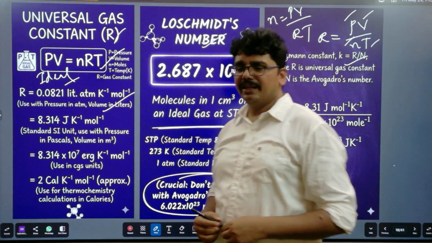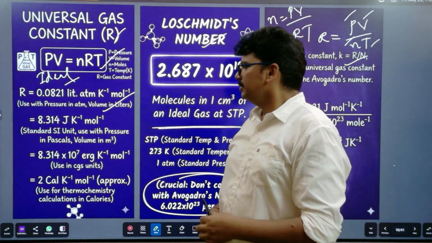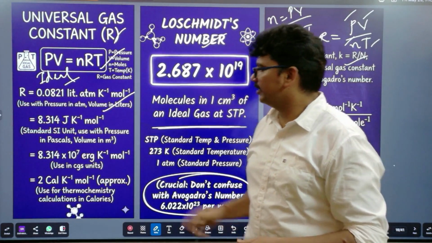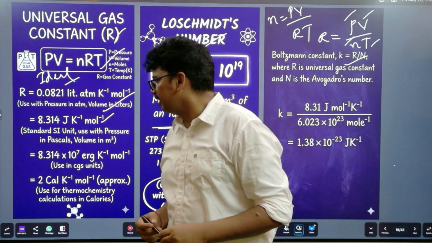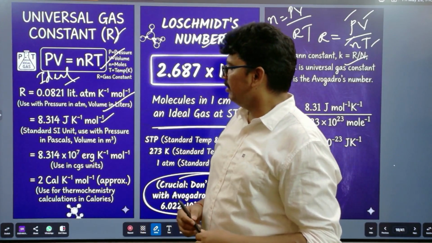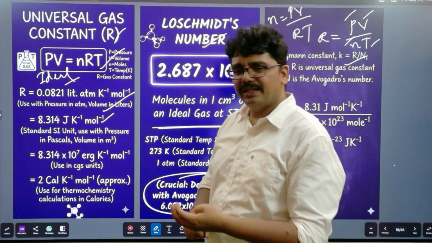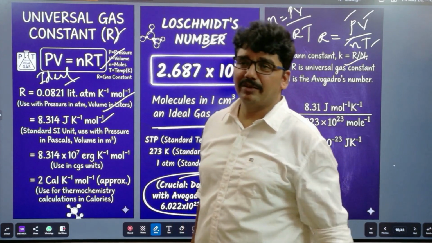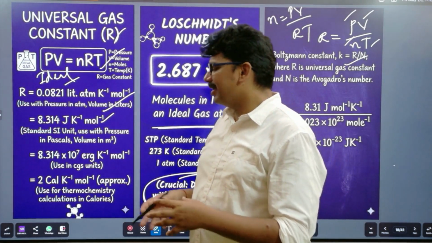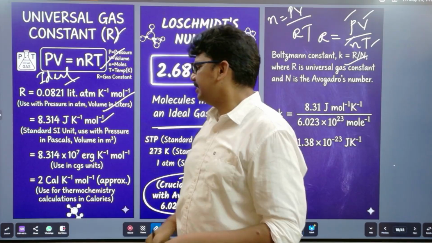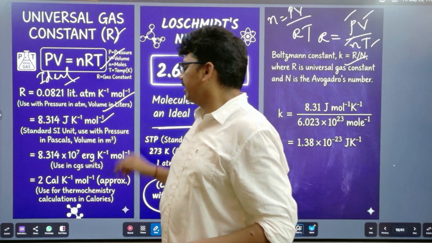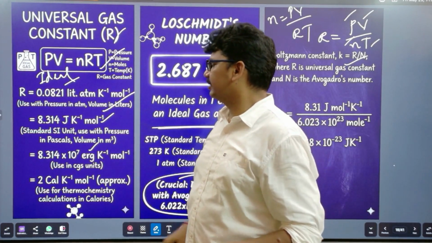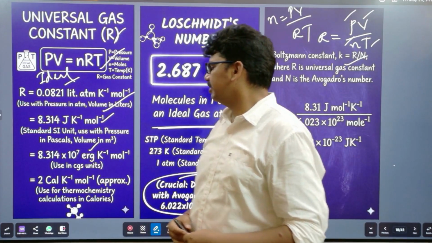In chemical kinetics and some other physical chemistry topics, we use this value 8.314 joules per Kelvin mole. If pressure and volume are given in the CGS system, that is 8.314 into 10 power 7 ergs. 1 joule is equal to 10 power 7 ergs.